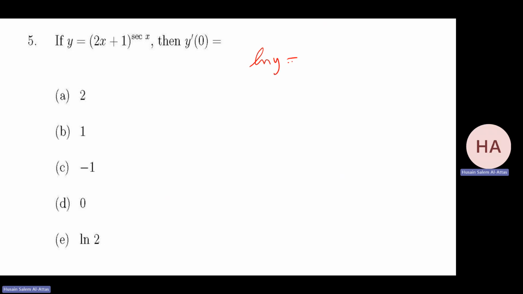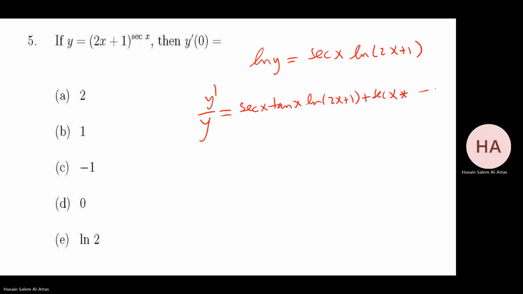Take ln, that will be secant x ln of 2x plus 1. Differentiate: y prime over y will be secant tan times ln of 2x plus 1 plus secant times 2 over 2x plus 1. Now at 0, I know that y at 0 will be 1 to the power 1, which is 1.